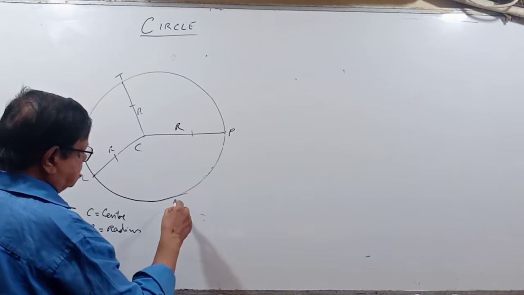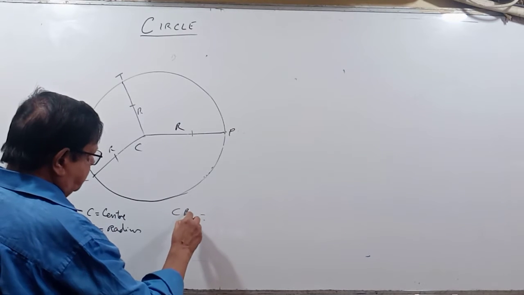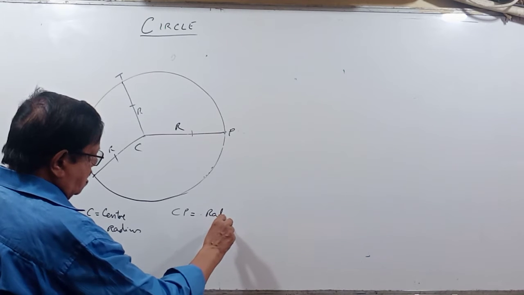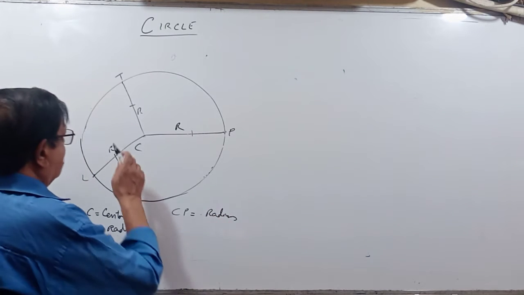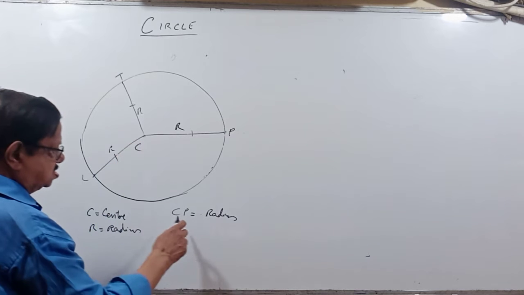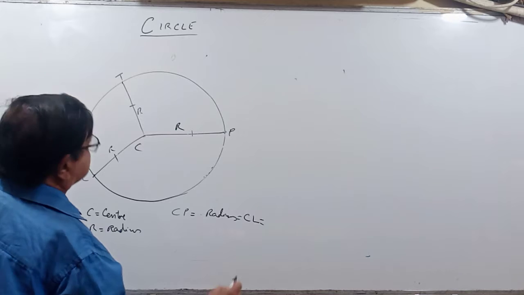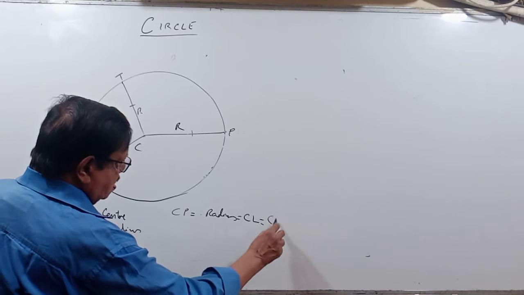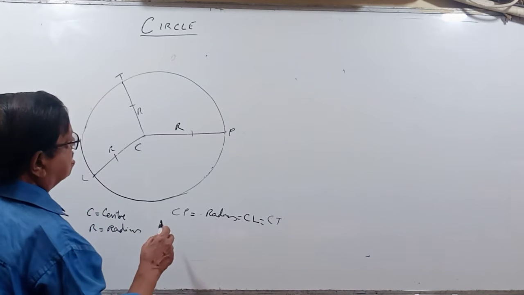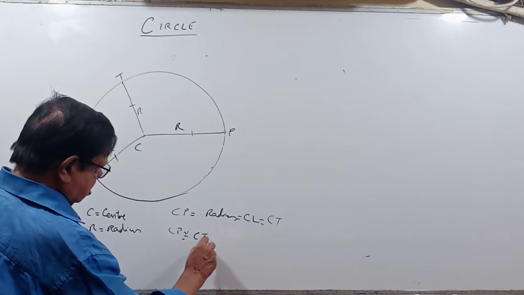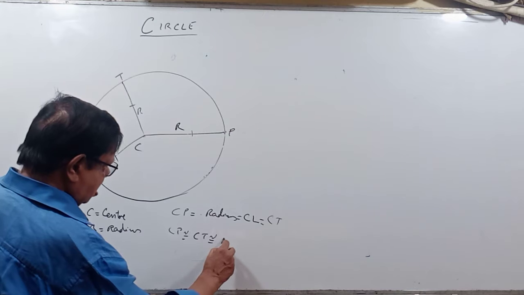So C is the center, CP equals radius, CL is also radius, equal to CT. Therefore we say CP is congruent to CT, congruent to CL.